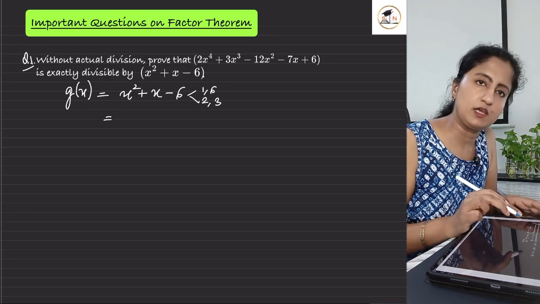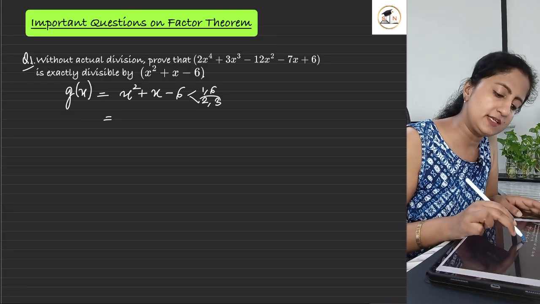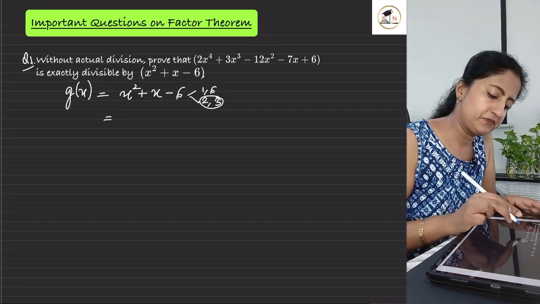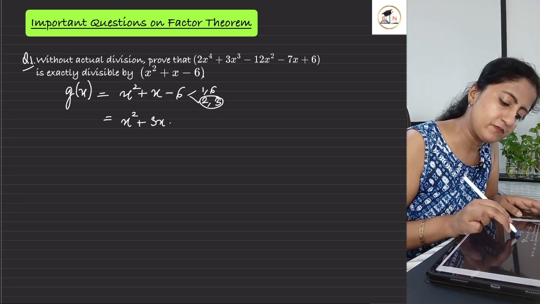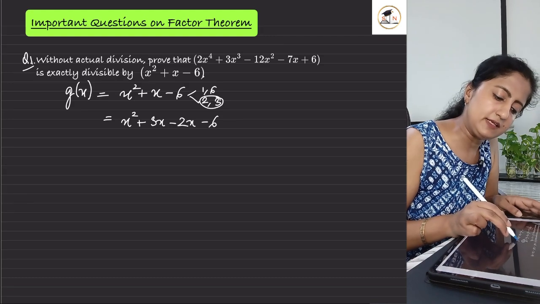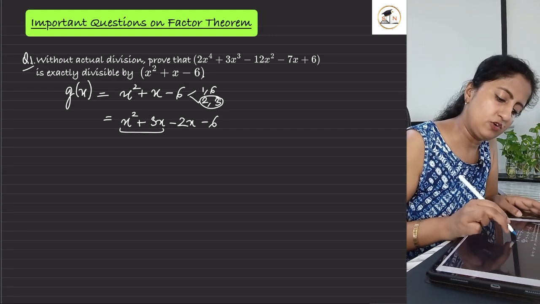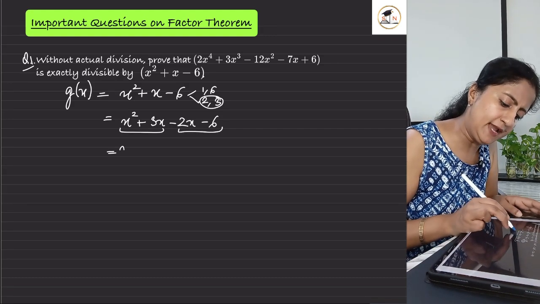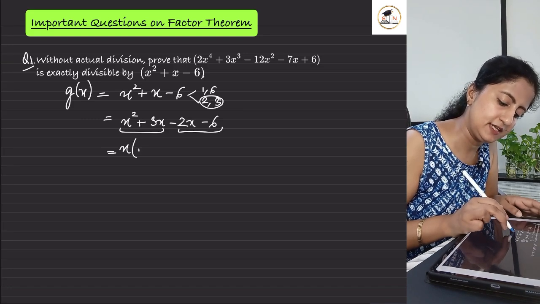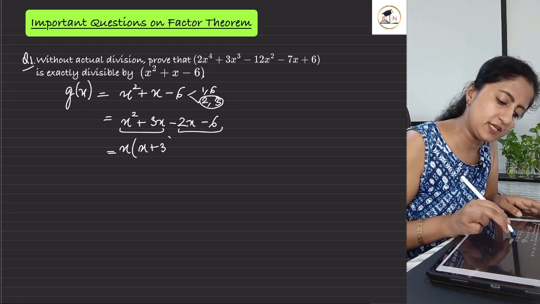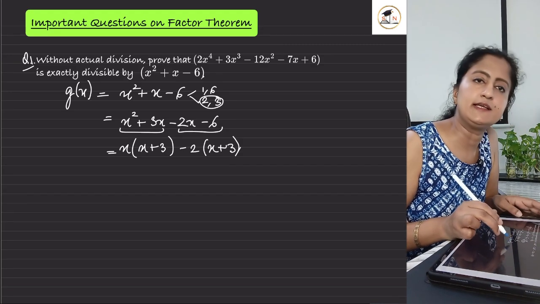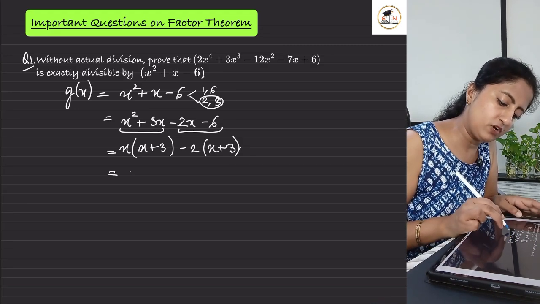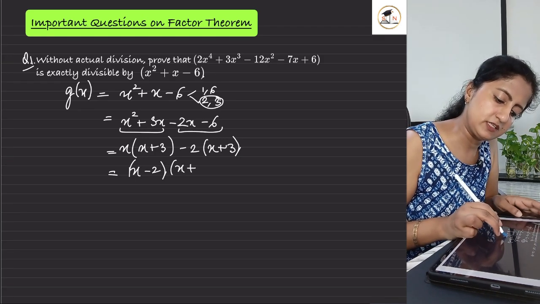It is 1 over here, so the selection is supposed to be 2 and 3. So I'm going to write x^2 + 3x - 2x - 6. Grouping them and taking out common factors leaves me with x + 3 inside, and minus 2 with x + 3 inside again. So we have got the final factors as (x - 2)(x + 3).